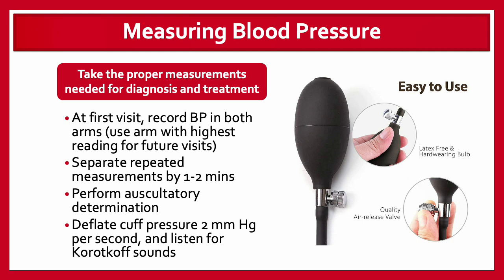This is because it might vary slightly arm to arm, but we'd rather go with the highest and err on the side of caution and have a higher average than a lower average, and then potentially miss someone who has hypertension. We want to separate the measurements by at least 1 to 2 minutes, right?